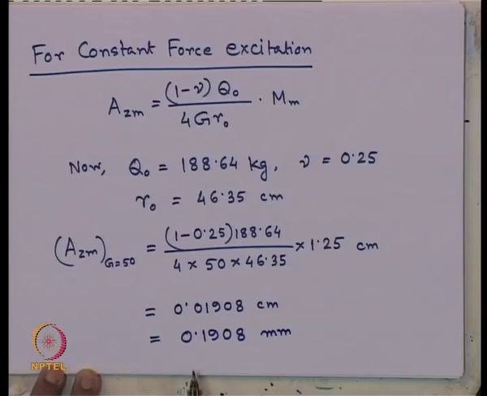This is less than 0.2 millimeters, hence okay. Again, this is a cross check with our permissible displacement. Though this case is not going to occur, because it is not at operating frequency, to be on the safer side we can cross check this also.